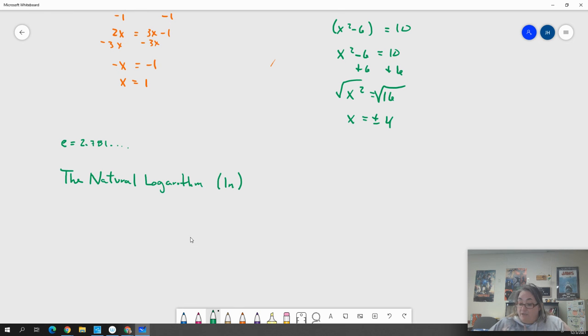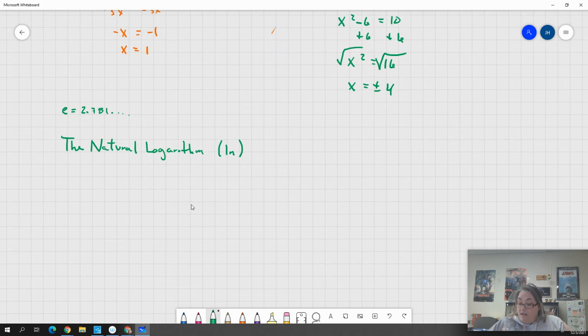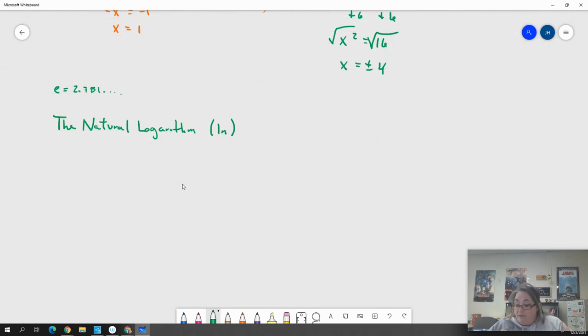And if we look at the function of the natural log, if we're looking at f of x equals log base e of x, we would just write that as ln of x. So that's all the natural log is. It's when the base of our logarithm is e.